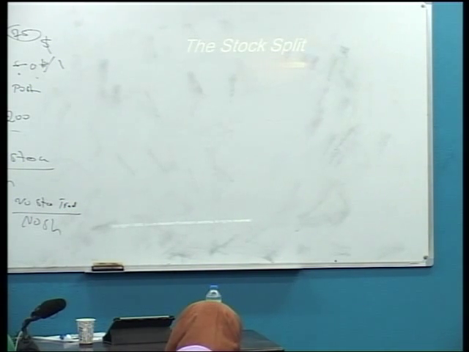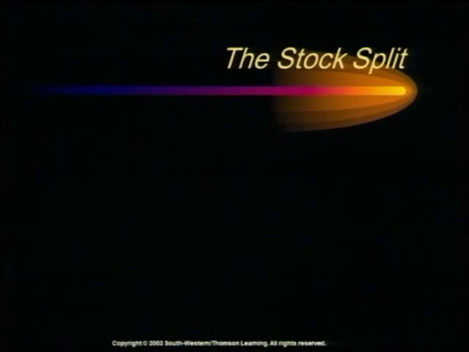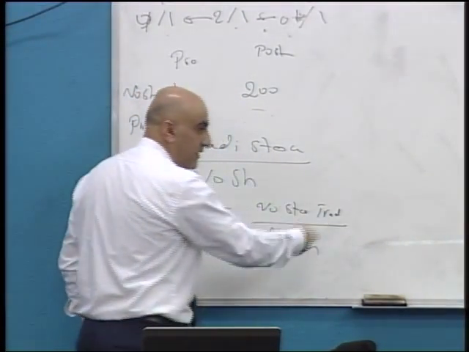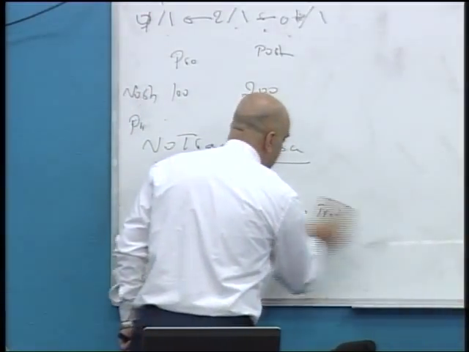I explained the stock split, but we don't know why companies do it, or did we? No. Okay, so the stock split is similar to the stock dividends. It's a similar idea, but why do companies do the stock split? To activate the trading volume.